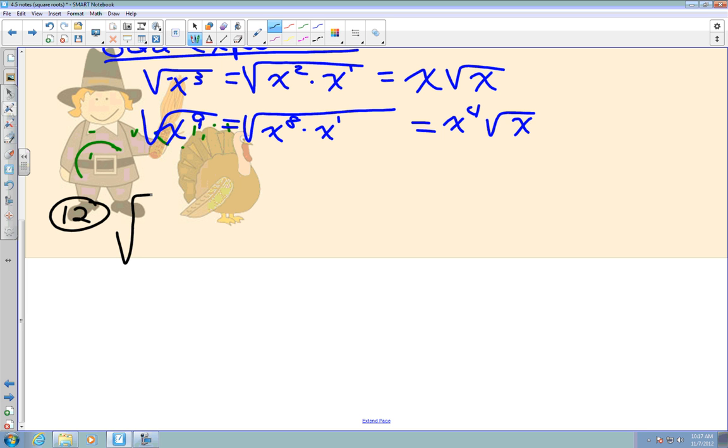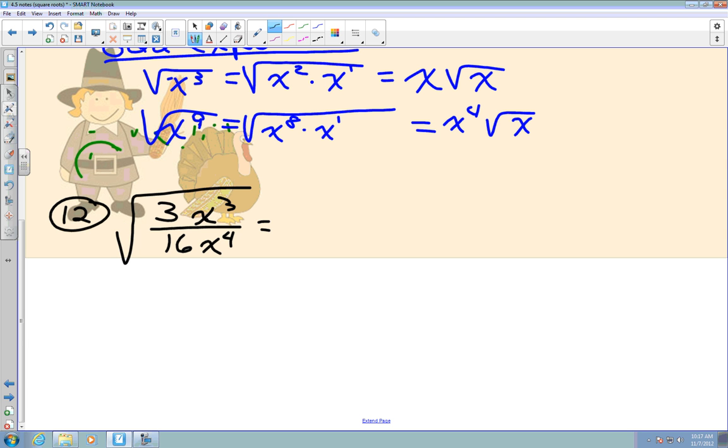So look at the square root of 3 x to the 3rd over 16 x to the 4th. The first thing you look at here is the numbers. Can I reduce that fraction 3 over 16 at all? No, so I can't do anything with that. But I have x to the 3rd over x to the 4th, and I can reduce that.